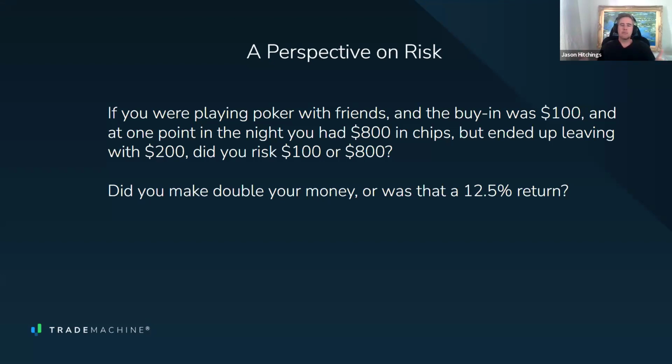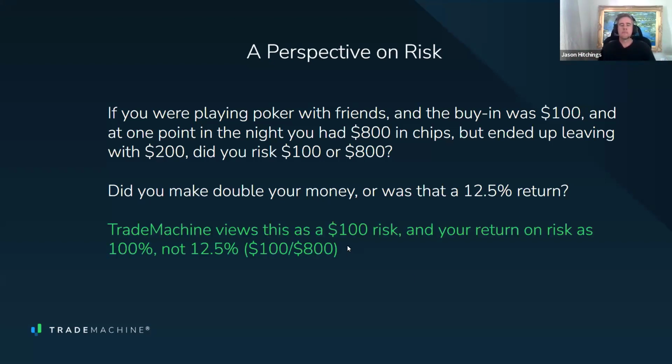We view the night as essentially your strategy. Your back test would be for the entire evening. So we view it as you came with $100, you're risking $100. And if you left with 200, then that would be a 100% return. That's how TradeMachine views it.